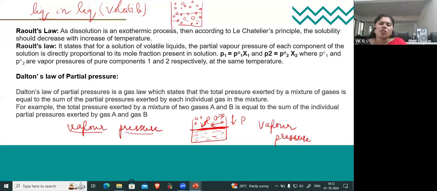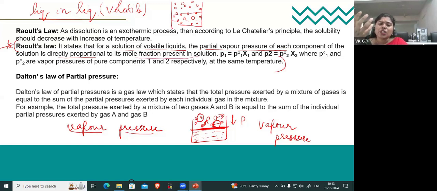So how does Raoult's law connect vapor pressure? Okay, so it says that, please see here, this is a sentence, or here is a law. It states that for a solution of volatile liquids, the partial vapor pressure of each component is directly proportional to the mole fraction. That is, acetone vapor pressure and alcohol vapor pressure will be directly proportional to the mole fraction present in the solution.